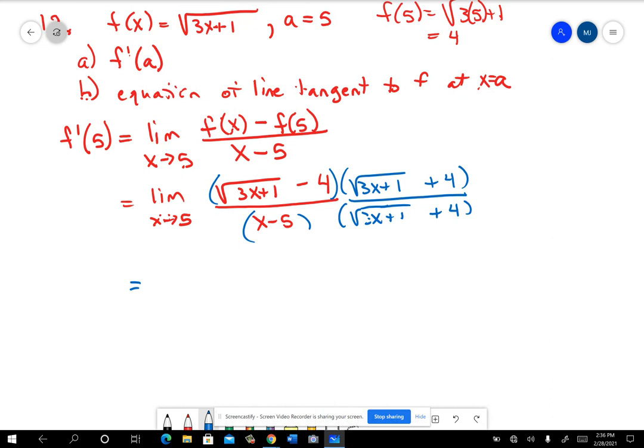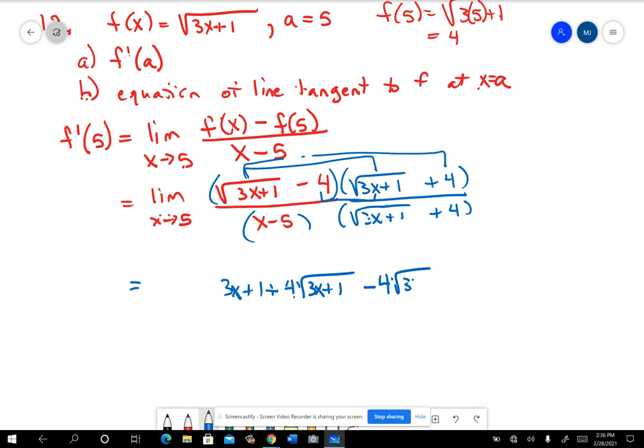Okay, then when you multiply this times this, you're going to get 3x plus 1. When you do the outside 2, you're going to get 4 times the square root of 3x plus 1. When you do the inside 2, you're going to get negative 4 times the square root of 3x plus 1. Notice those go away.